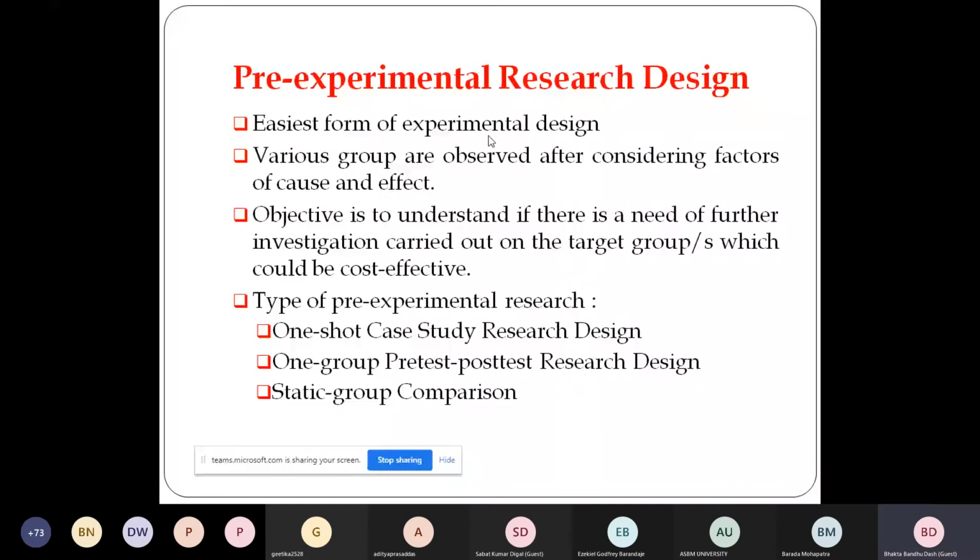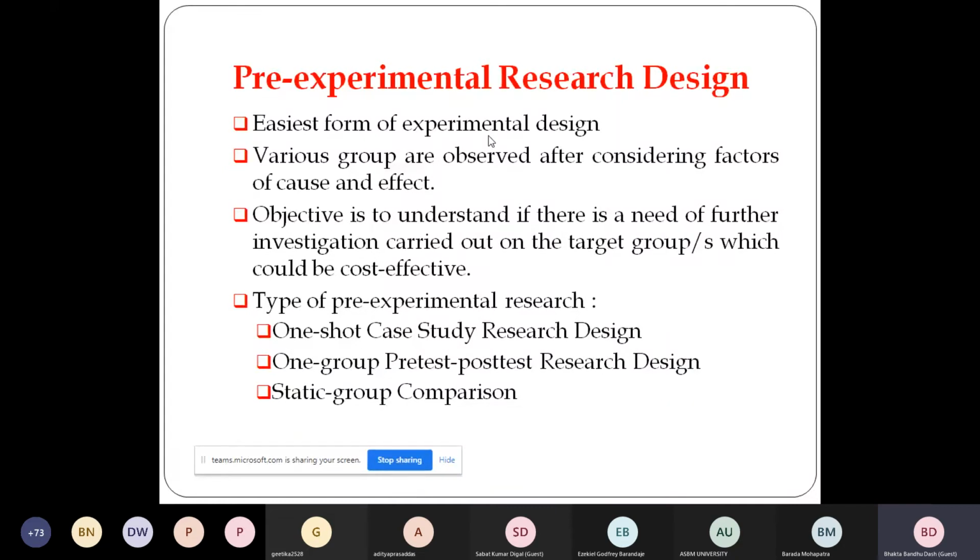That means in any kind of research, suppose at an initial stage we enter into the process, we collect the information and we use some kind of minimal statistical tools, see the differences, analyze how the independent and dependent variables are related with each other. When we intend to analyze that, that is called pre-experimental.